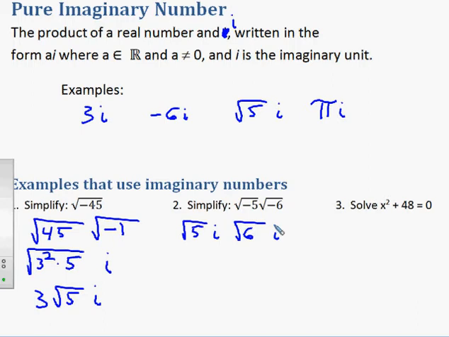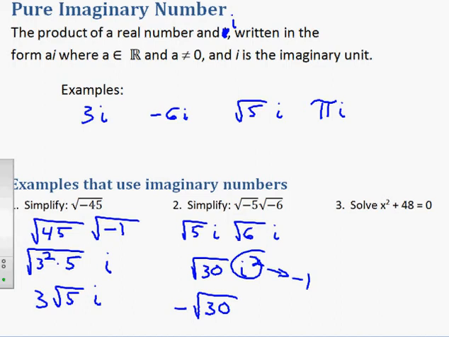Square root of 5 times square root of 6, that's the square root of 30. i squared, and we learned earlier, and this is really important, i squared is equal to negative 1. We should know that by heart, and we'll see that a lot, so you'll probably get used to that. So since that's just equal to negative 1, we can say this is negative square root of 30.